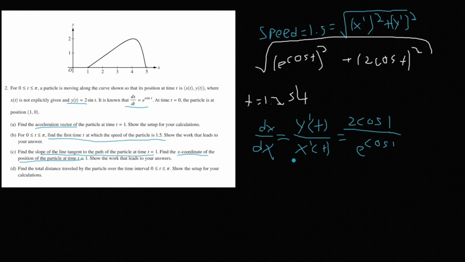And next we need to find the x-coordinate at t is equal to 1. So the way we do that part is we're going to integrate, because we have dx dt, so we're going to just integrate dx dt from 0 to 1. So we want time 1 and we have time 0. So the x-coordinate at time 0 is 1.